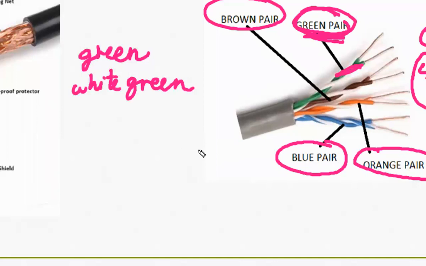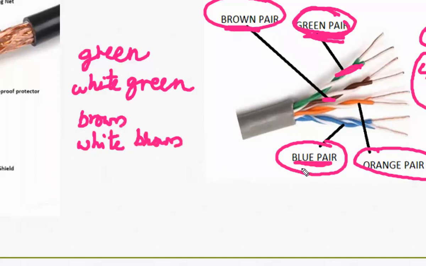Now, brown. Here you have a brown wire and you have white brown. Now you can see a blue pair, and this is the blue wire. Along with that, a white is twisted, so that is called white blue.